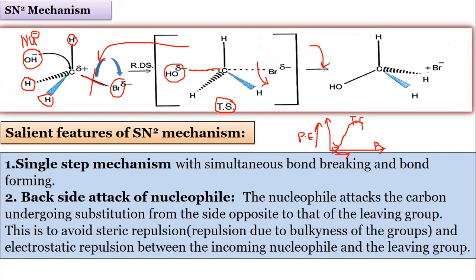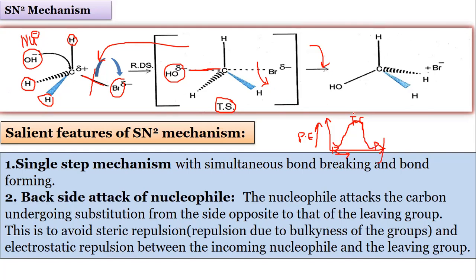At this transition state, the energy will be higher because the transition state is very unstable, because bond formation and bond breaking take place here. And if this bond is formed and this is broken, immediately the energy will come down.